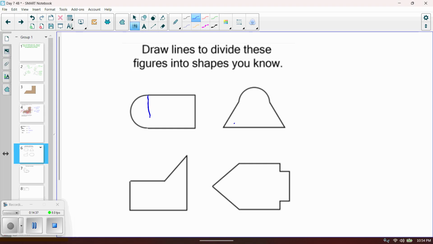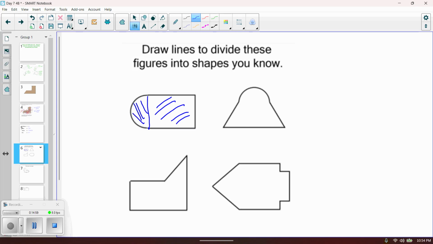There we go, the pen's working again. Let me see if I can draw a straighter line. So it looks like I've got a half circle over here and then a rectangle. Okay, that might be one way to do it, probably the easiest way in that case.